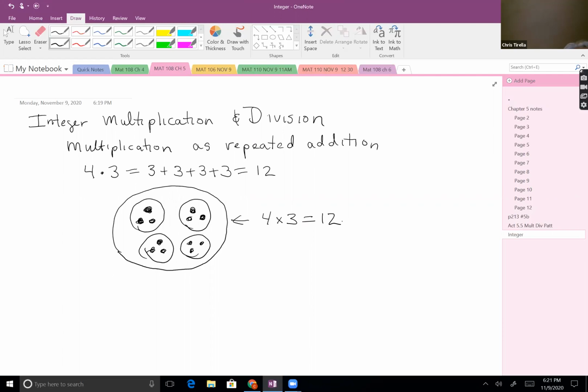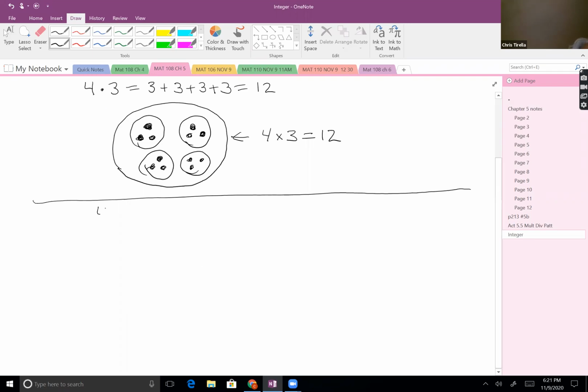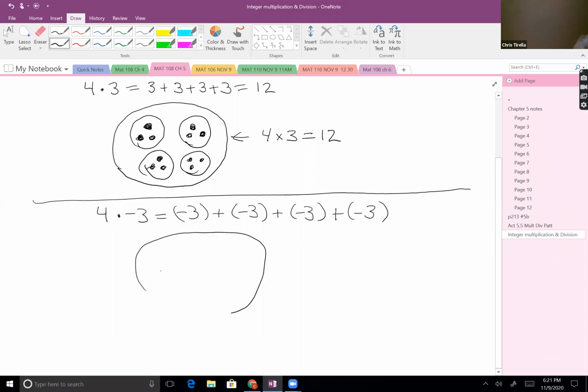So far, so good? If so, we can also look at 4 times negative 3 to be the sum of 4 negative 3s. Oops, I lost a plus sign there, sorry. And so we can again look at having 4 groups, each containing the counters for negative 3.